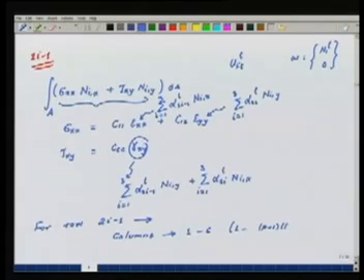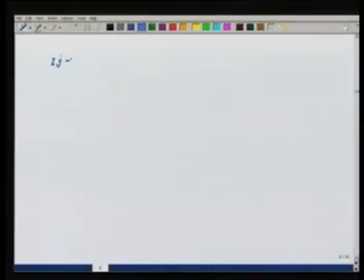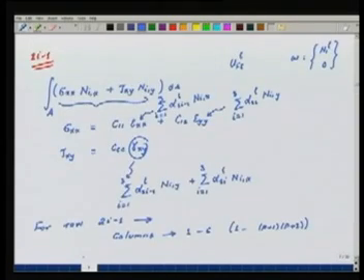Let's now look at the column 2j minus 1. For the row 2i minus 1, the column 2j minus 1 will have contributions due to the alpha 2i minus 1. So it will be this one and it will be this one.